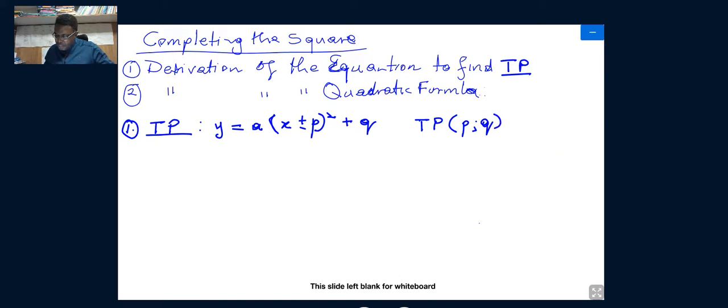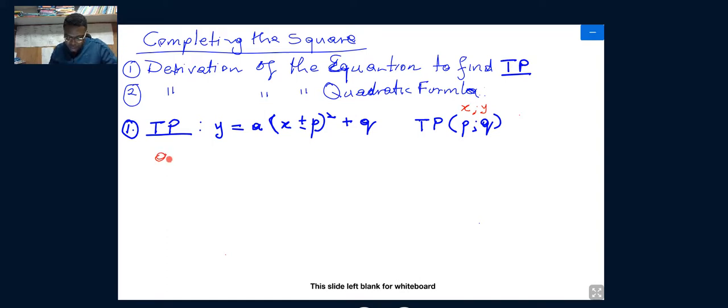Generally, we use X, Y in a Cartesian plane. So P represents the value of X in the Cartesian plane, and Q represents the value of Y in the Cartesian plane. Now we take the general form.